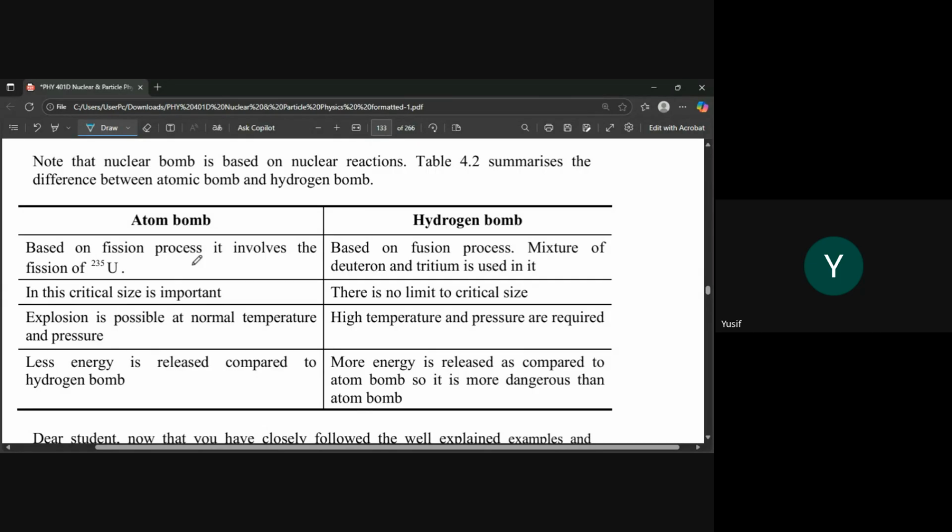You can use this as a reference to differentiate nuclear fission and nuclear fusion, where this is the same as the fission and this is the same as the fusion. If you want to differentiate between the two, you can just use this table to summarize it.